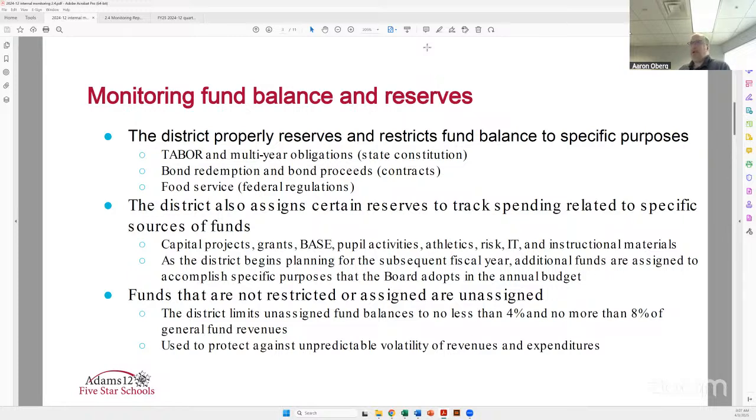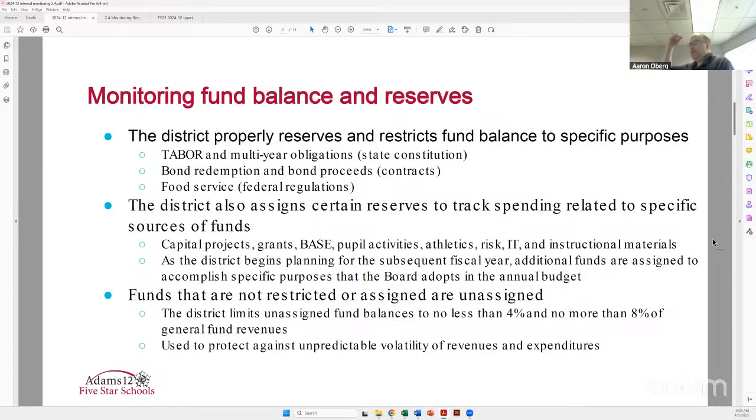So if we do a large instructional adoption, we want to make sure that we have those funds already set aside years in advance because we know ahead of time what we want that instructional adoption schedule to be. That way, when we get to the point when we're doing the adoption, we don't then have to reduce expenditures somewhere else in order to pay for that adoption.